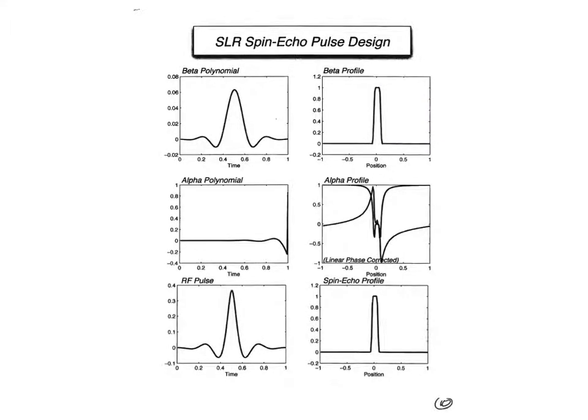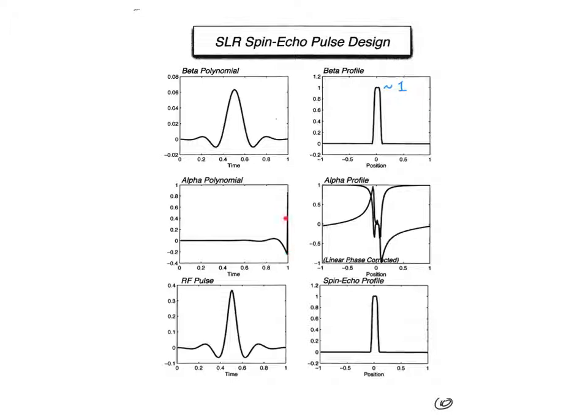Here's an example of a spin echo or refocusing pulse design. In this case, we have a pi flip angle that we want, and so that gives us a beta amplitude of 1. Again, we get an RF-looking kind of shape in the beta polynomial. We calculate the compatible alpha polynomial, which now has much larger phase variations through it.